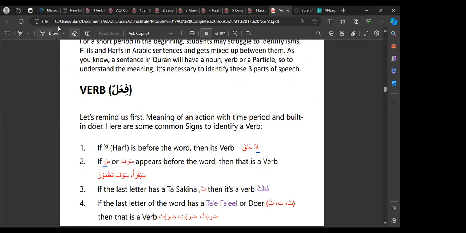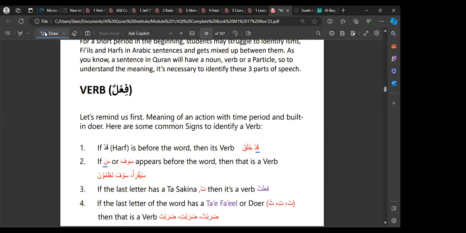So sa and sawfa. Sa and sawfa is the equivalent of "will" in English. I will do this. I will go to the shops. I will go to the masjid. "Will" is the English word for future tense, and in Arabic it's the same. It comes before the word, but it's attached.